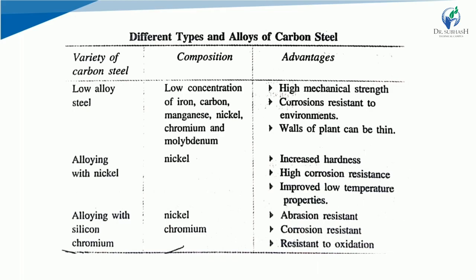Advantages: increased hardness, high corrosion resistance, improved low temperature properties. Variety of carbon steel, alloying with silicon chromium. Composition: nickel chromium. Abrasion resistance, corrosion resistance, resistance to oxidation. As you can see, the advantages are mostly just like the properties that we saw earlier. Only the composition is changing so that you can get superior quality of carbon steel.